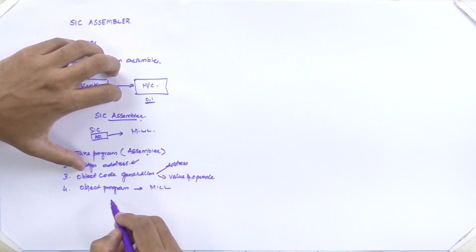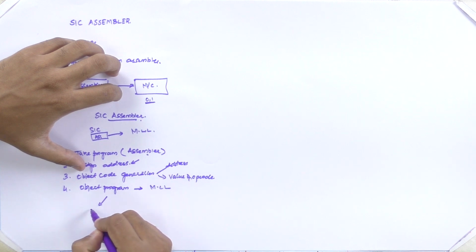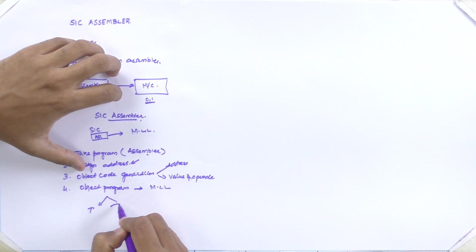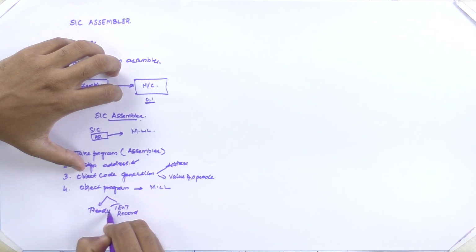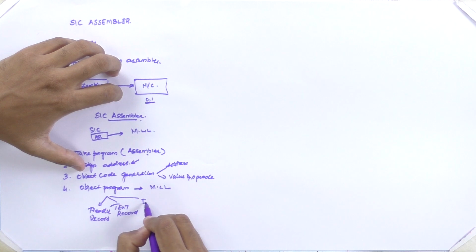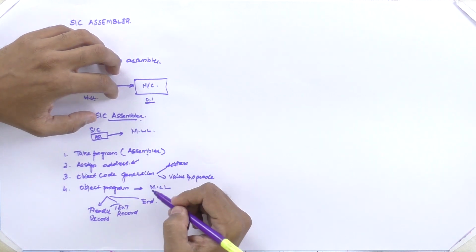For object program creation you will be having three types of records, that is text record, header record, and end record. So we will see the format of each of these things.